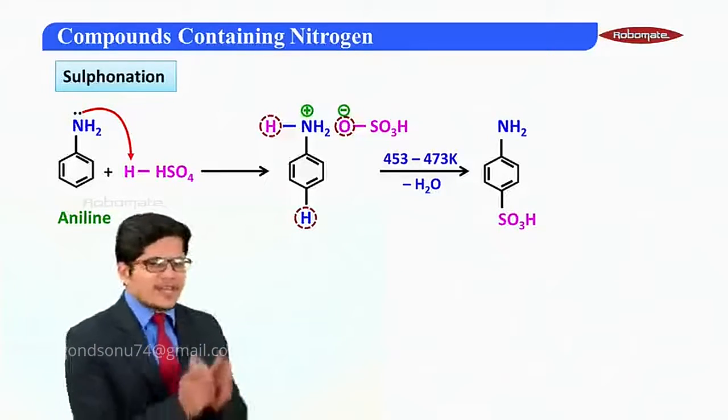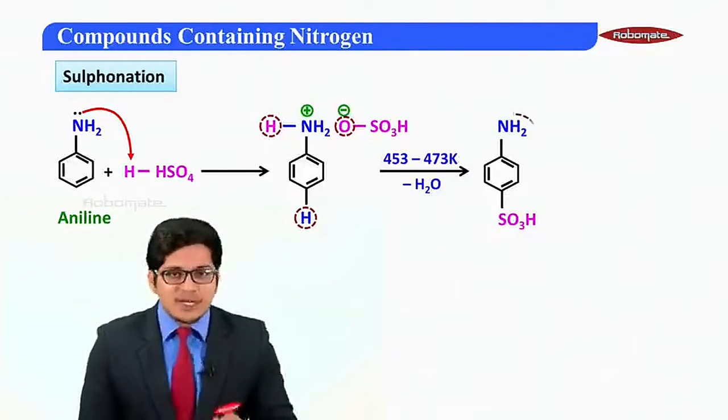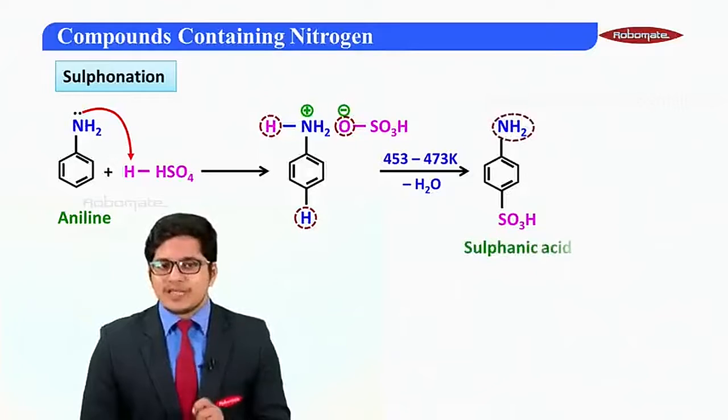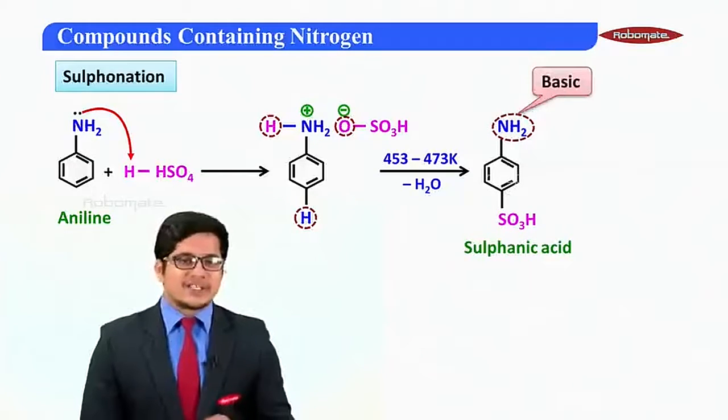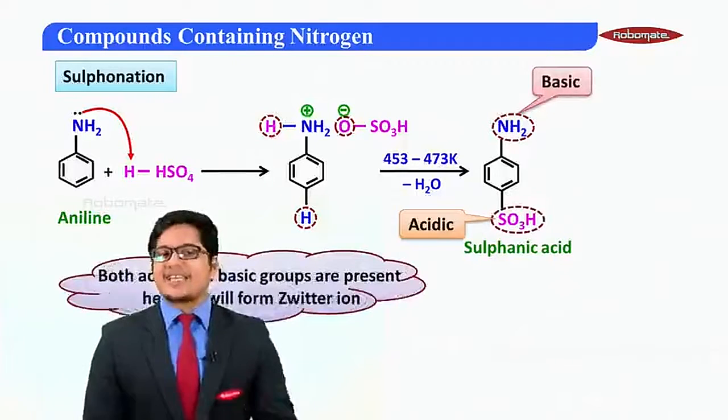Now what happens? A very interesting fact over here. We all know NH2 is a group that is basic in nature, whereas SO3H is a group that is acidic in nature.